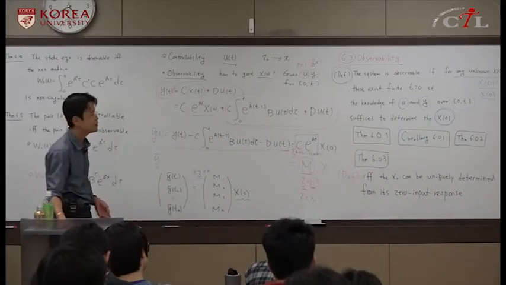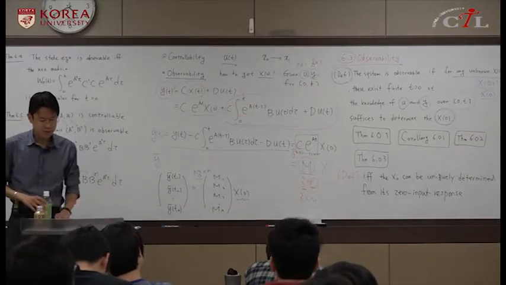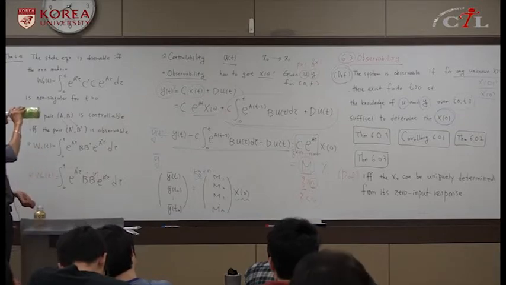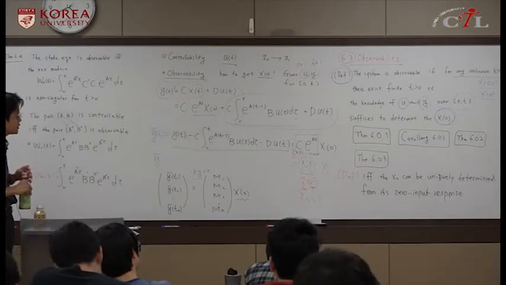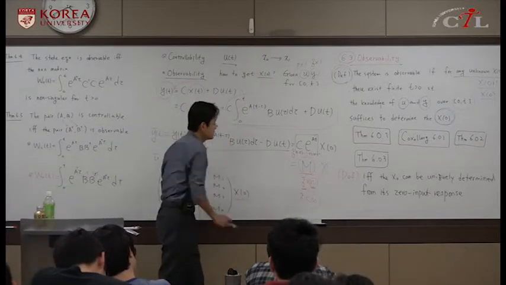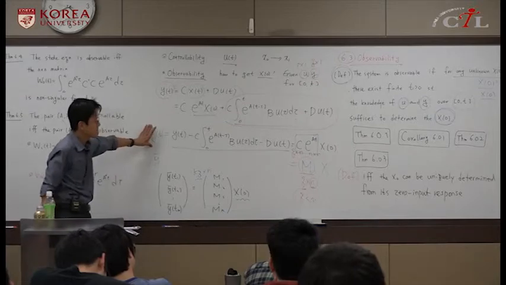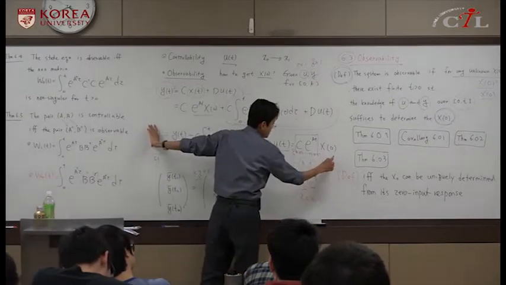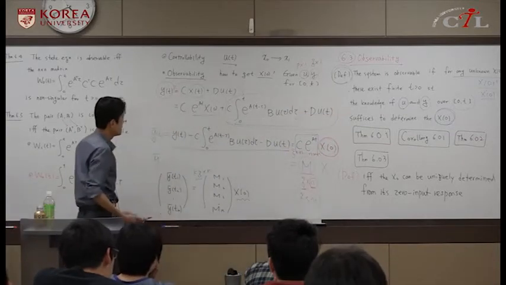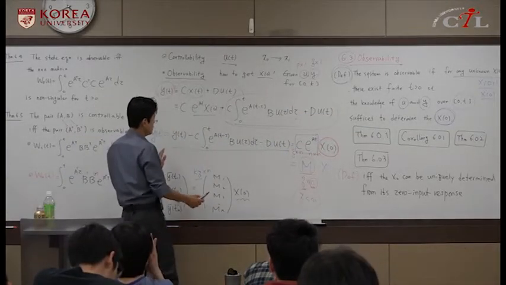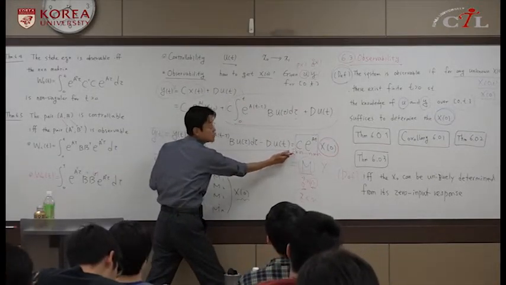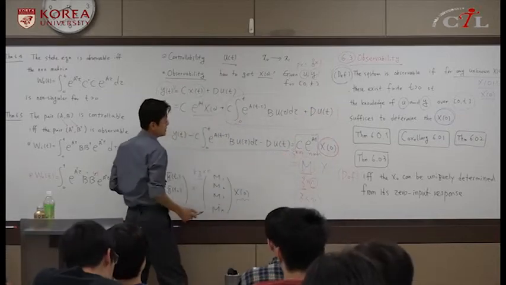This definition is reiterated as: a system is observable if its initial state can be uniquely determined from its zero input response, because of this equation. Its initial state can be determined. The original definition is from all those terms.